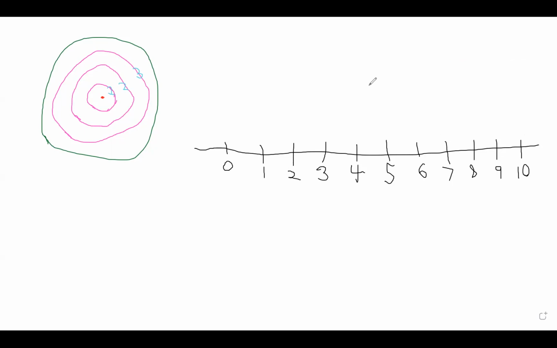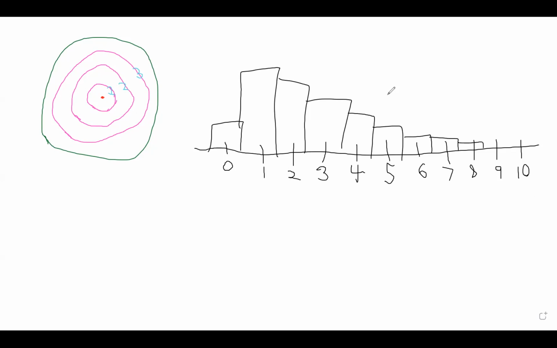So at 0, let's say we have a certain height for the bar there, and then at 1, we have a higher bar, and at 2, we have a lower one, and so on, and then 10 is nothing.